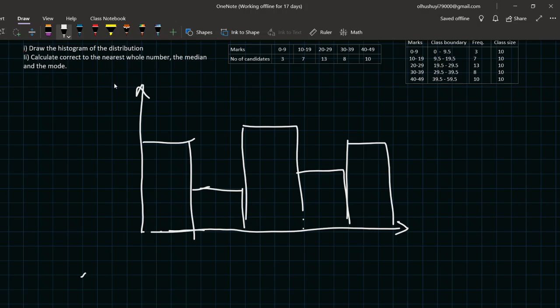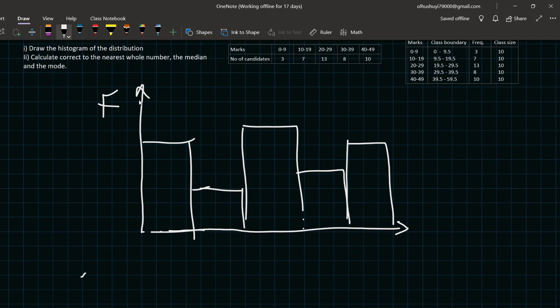After this we'll talk about the cumulative frequency curve, and there we're making use of our cumulative frequency with respect to only the upper class boundary. But here let's come back to the histogram distribution. So here we just use the class boundary at the x-axis. Then on the y-axis, you use the frequency.